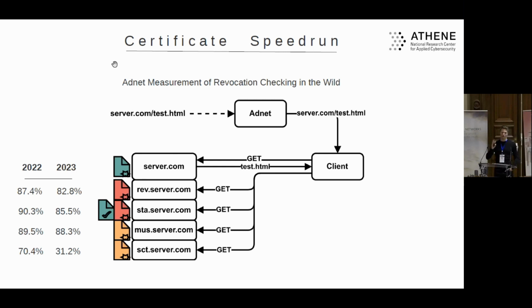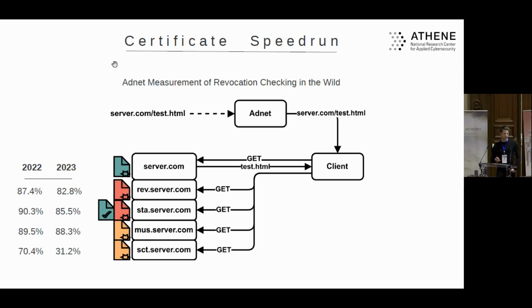Like if the user closes our measurement page before all of these requests are completed, then we don't capture that. So this is a lower bound. We did 2 measurements, one in 2022 and one in 23, to have sort of a longitudinal comparison. And for the most part, the results are pretty stable.